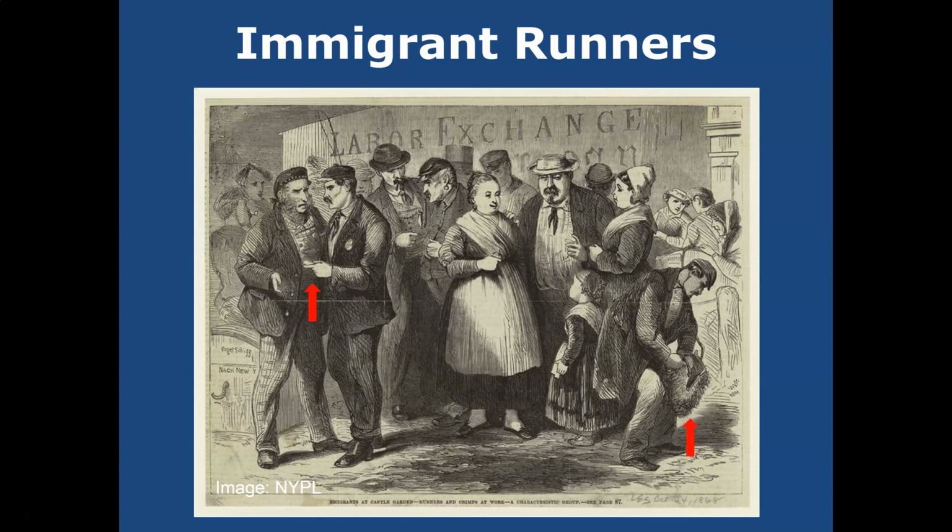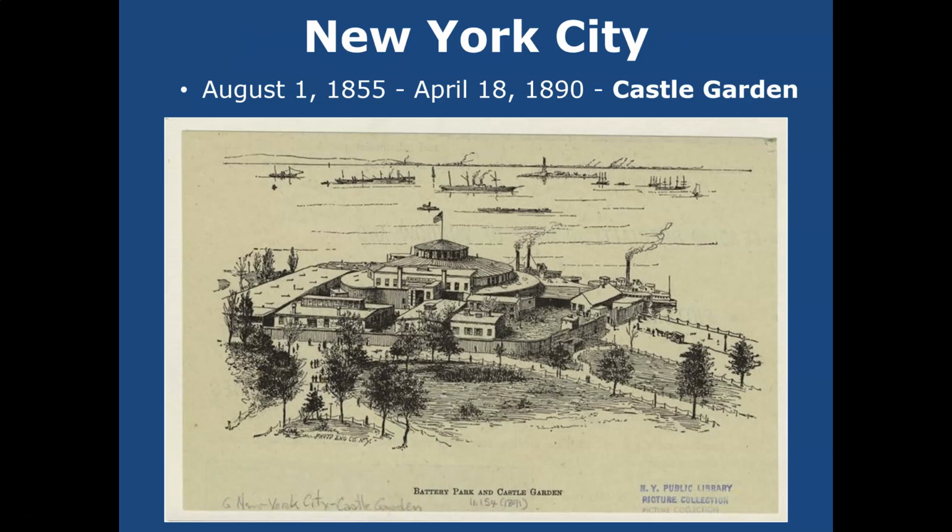So New York City and New York State saw that this was a problem, and they wanted to try to help these immigrants. So they created an immigrant processing station called Castle Garden. This was a building that already existed. It was a military building, but it existed as an immigrant processing station from August 1st, 1855 through April 18th, 1890.